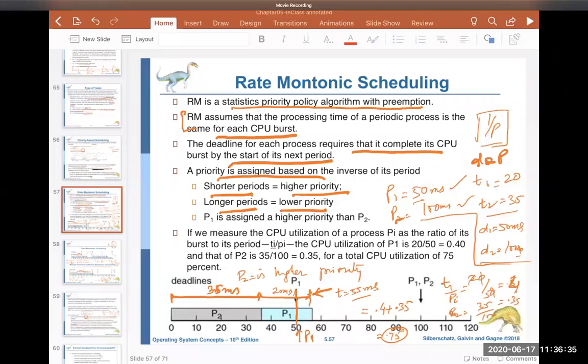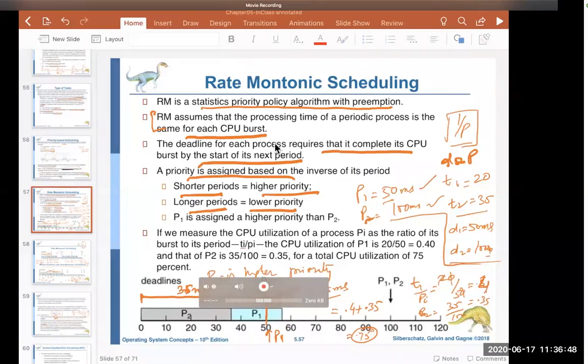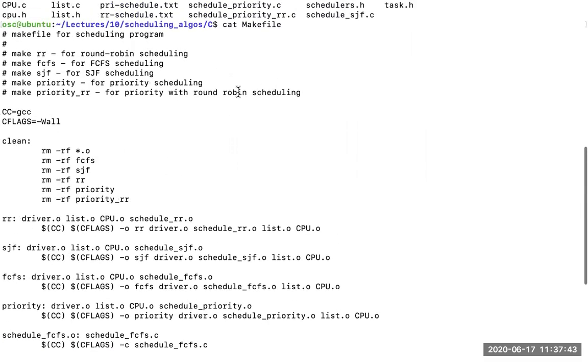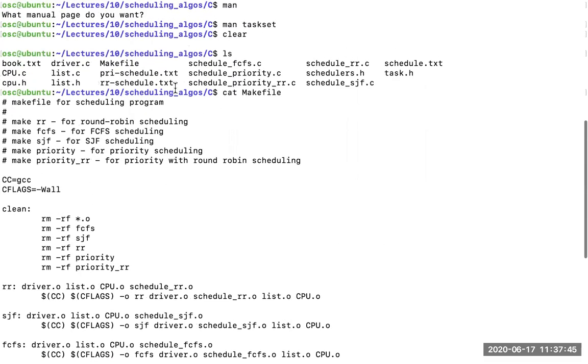But before I go on, I just wanted to showcase the previous algorithms that we discussed. I think in the last lecture I wasn't able to clearly show what I meant. Let me open the makefile here. This is the makefile that has been created for different scheduling algorithms.